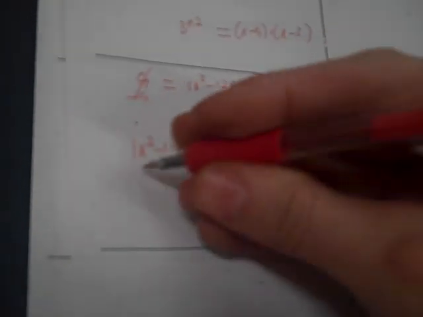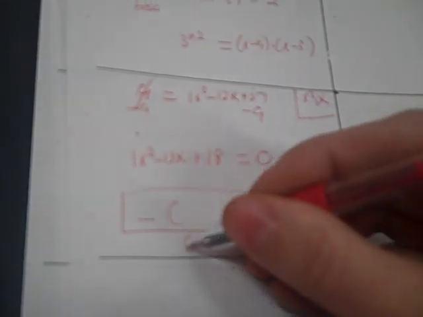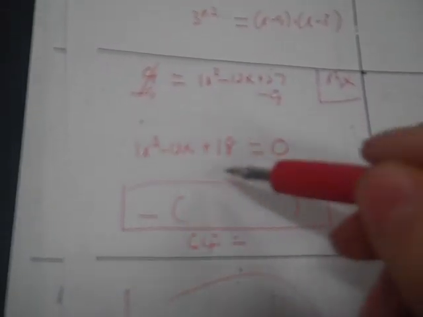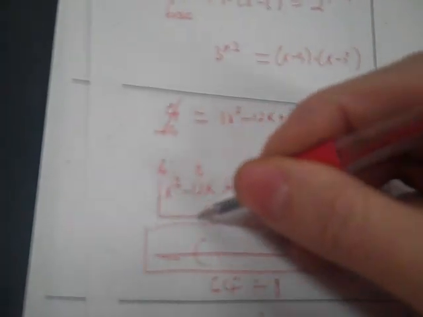Okay, 3 terms, so GCF and the t-table. GCF negative in front, nope. X on everything, nope. 1 is the GCF. So I take positive 1 times positive 18.